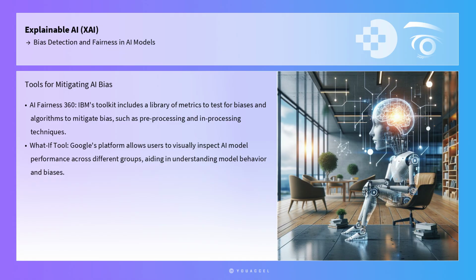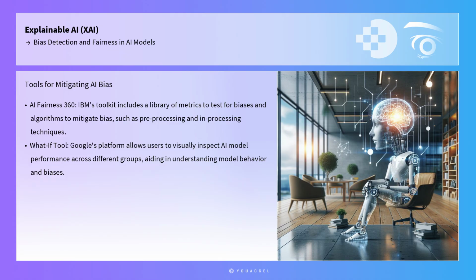Practical tools such as IBM's AI Fairness 360 and Google's What If tool provide robust platforms for evaluating and mitigating bias in AI models. AI Fairness 360 is an open-source toolkit that includes a library of metrics for datasets and machine learning models to test for biases, as well as algorithms to mitigate bias.